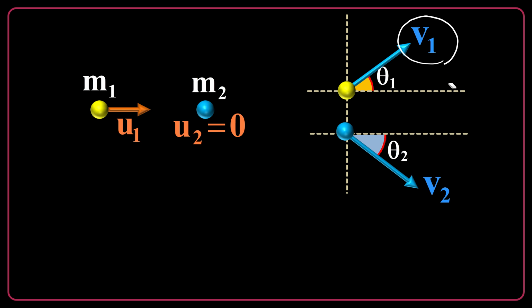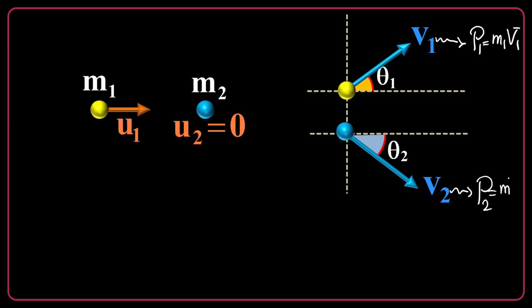Anyway, if I multiply each velocity by the mass, I will have the momentum. So basically, v1 can be converted to p1 equals m1 v1, and v2 is going to be converted to momentum p2 equals m2 v2. I'm not going to do that now.